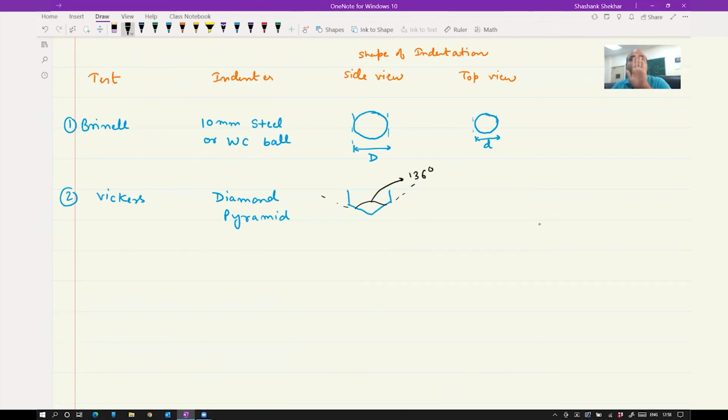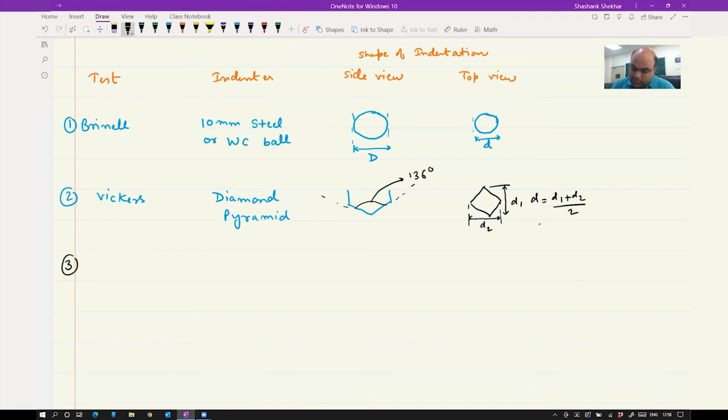This is your side view. The angle between the two opposite faces is going to be 136 degrees. And if you see the top view, it is going to be a square, and then you have to measure D1 and D2. So d is going to be (D1 plus D2) divided by 2.